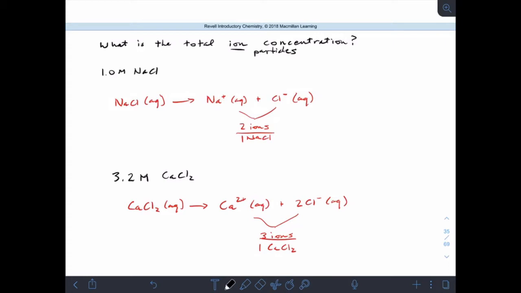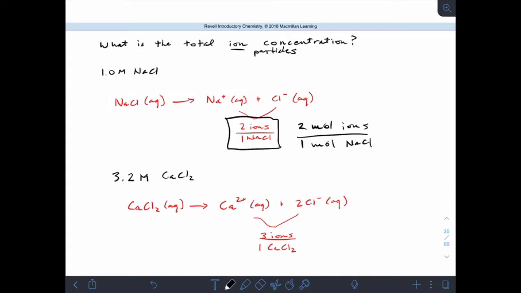Looking at sodium chloride, it comes apart into one sodium ion and one chloride ion. So we get 2 ions per sodium chloride. I can also say 2 moles of ions per 1 mole of sodium chloride.